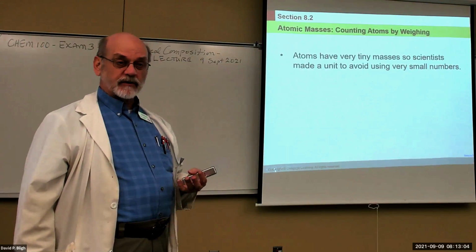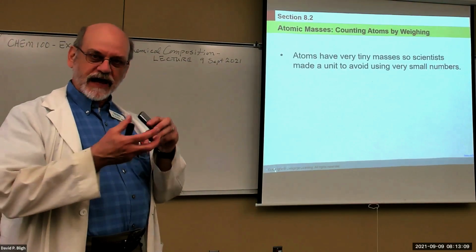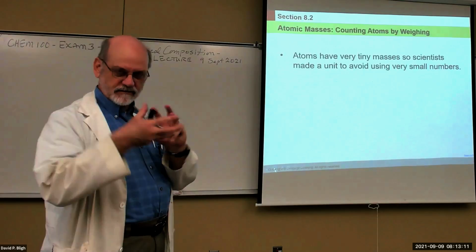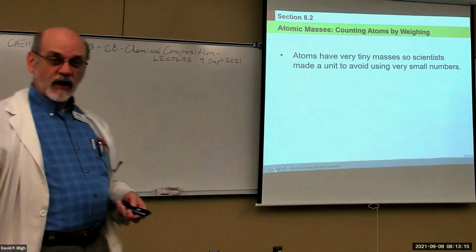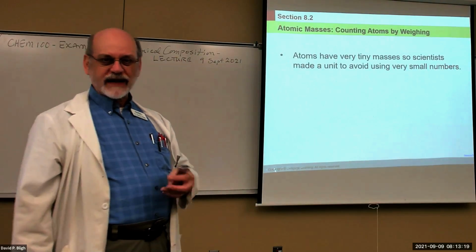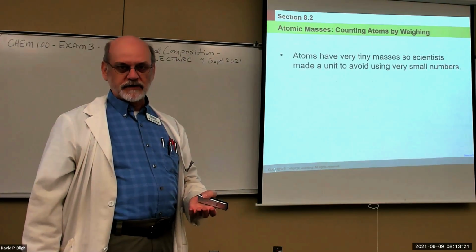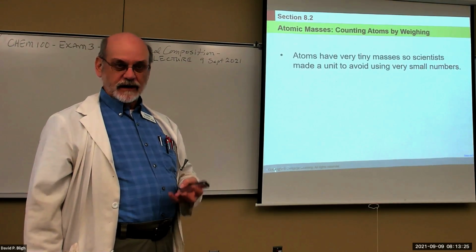And in the typical laboratory, you need billions of atoms to have enough to actually determine the mass of that pile of atoms. So since they're very small and they're huge in number, we can't even count them. Most people don't have the technology to count individual atoms. It can be done.